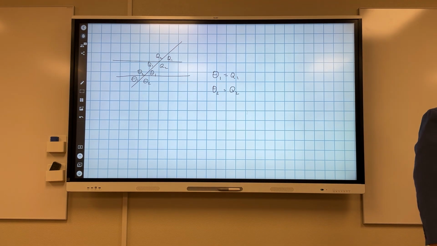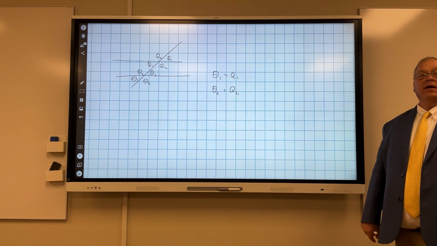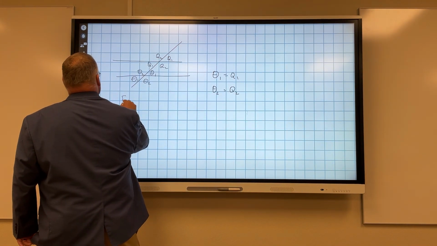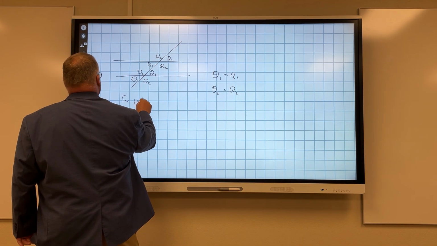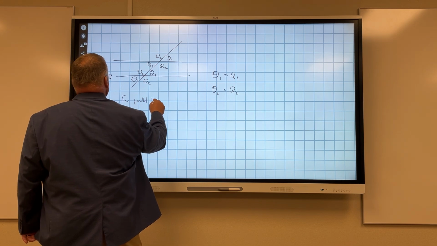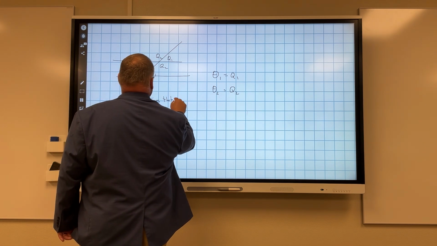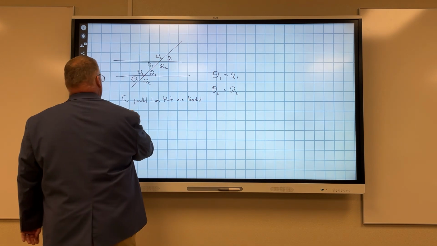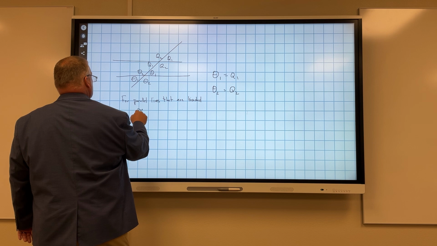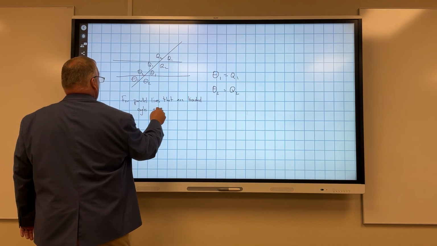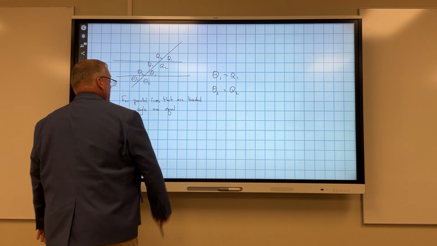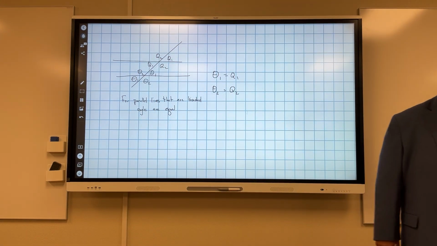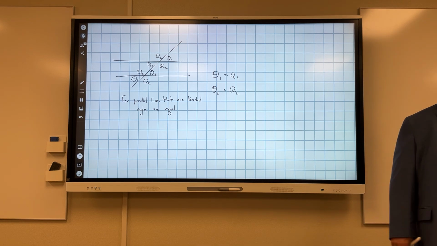Adjacent angles are equal. If I've got parallel lines that are bisected, angles are equal. We're going to call them adjacent.